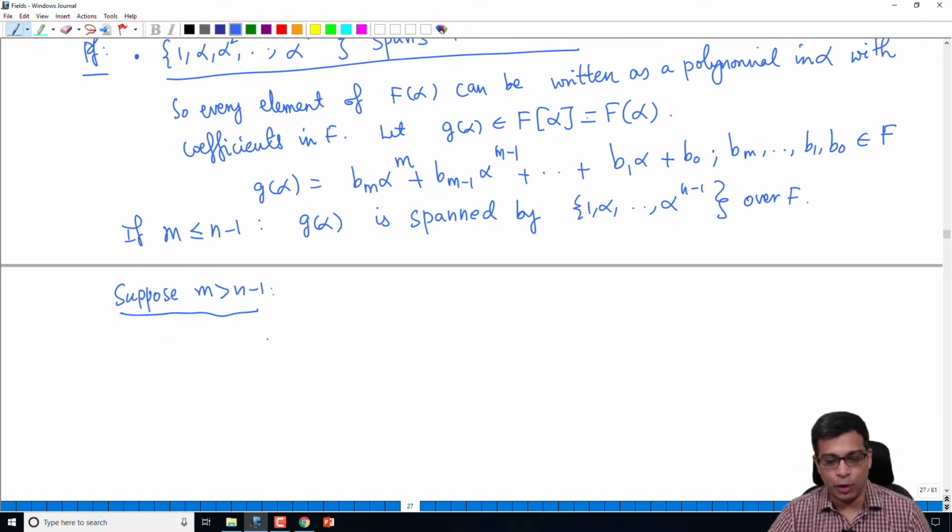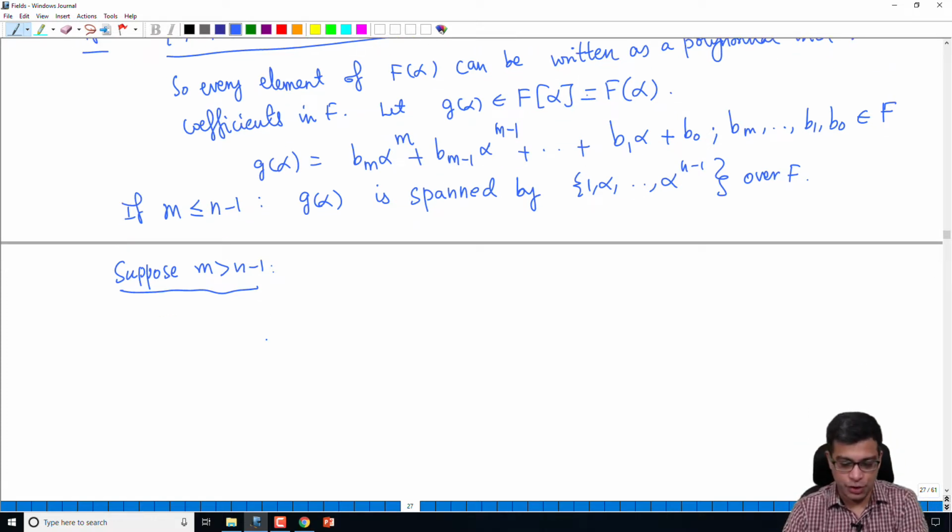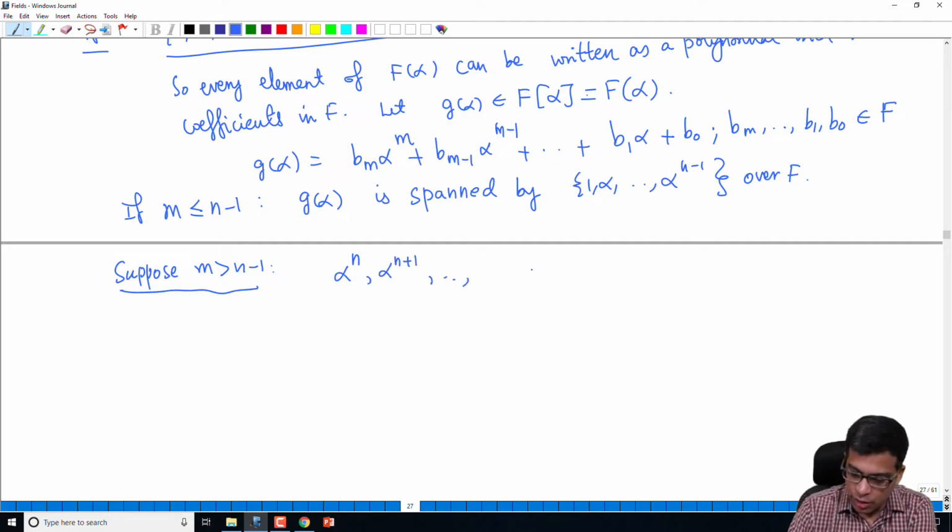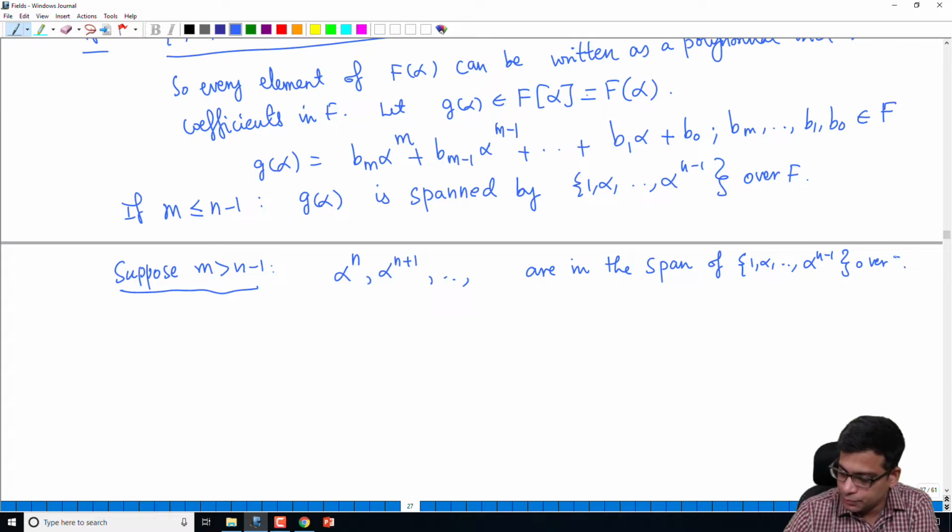And here the irreducible polynomial of alpha comes to our rescue. So I will show you how to express alpha^(n+1) and so on in the span of 1, alpha, ..., alpha^(n-1) over F. If I show that all powers of alpha are in the span of this set, we are done, because every polynomial is written in terms of some powers.